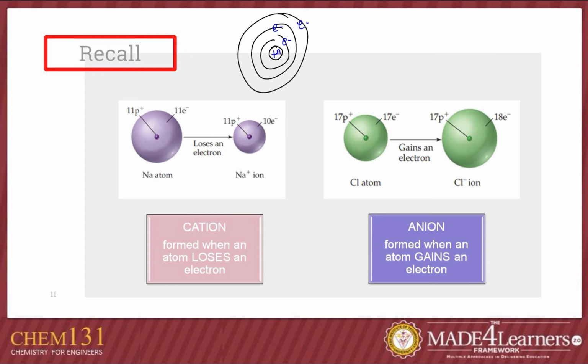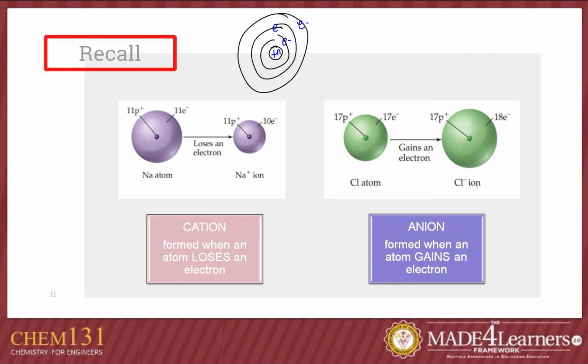There is attraction between the protons in the nucleus and the electrons, positive and negative, they attract. The closer the electron is to the nucleus, the stronger the force of attraction. But the farther the electron is from the nucleus, of course, the weaker the attraction. The outermost ones are the valence electrons, which can easily be transferred from one atom to another.